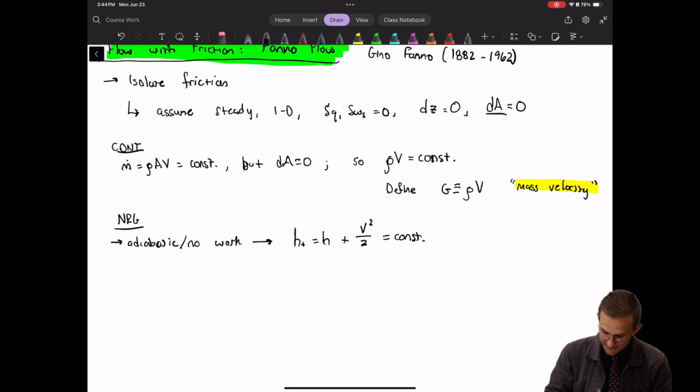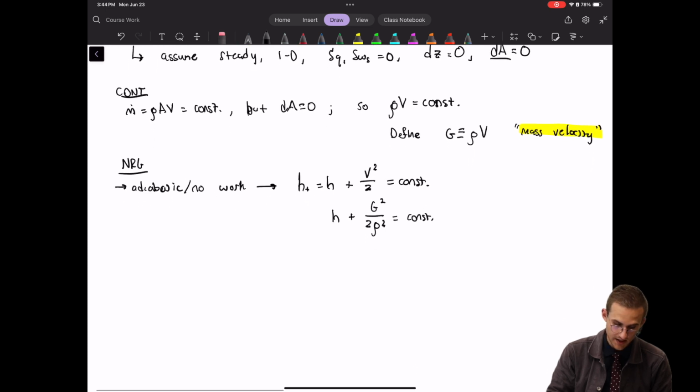And we can rewrite this in terms of the mass velocity in the following way, where we have G squared over 2 rho squared, right? We just basically multiply that term on the right by rho squared over rho squared. And then that thing itself is equal to a constant. So what we can do is create these Fanno lines.